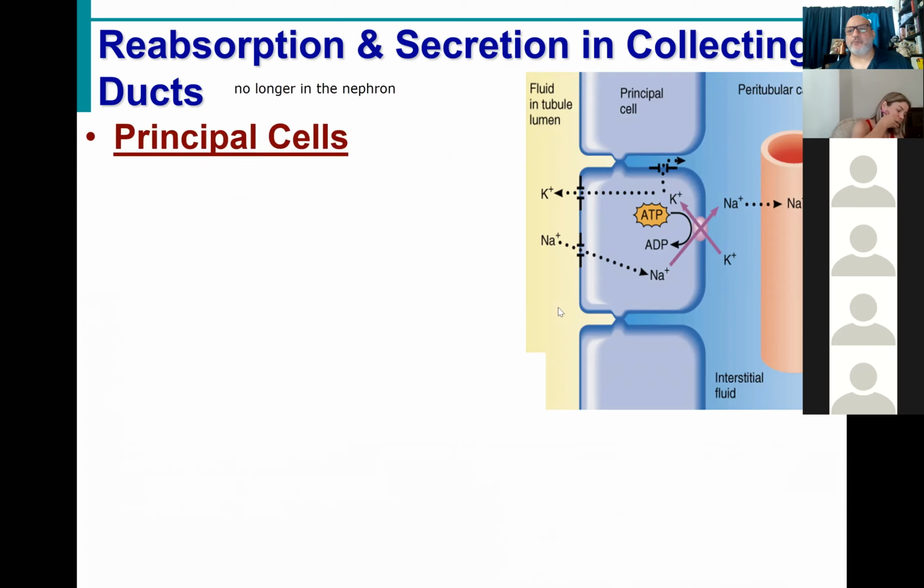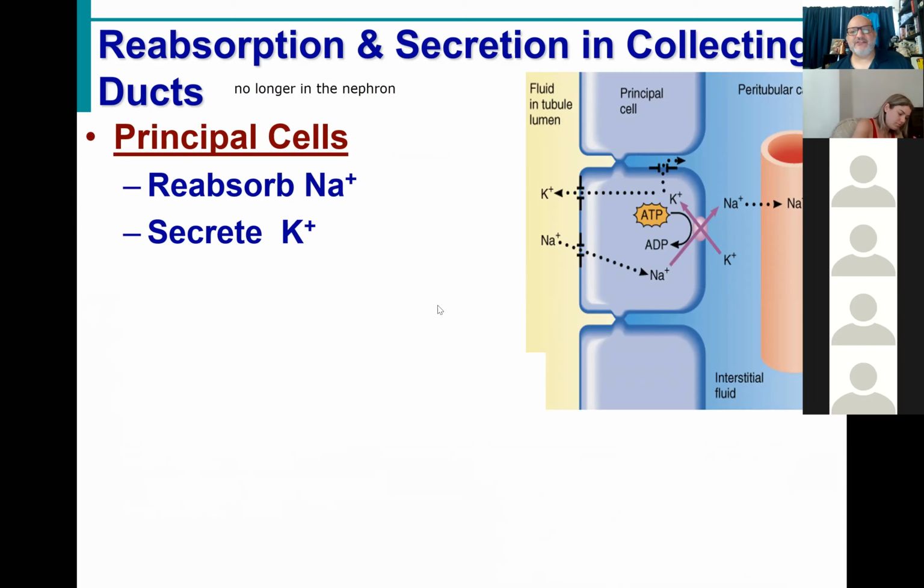The first are the principal cells, and that's what we see an example of here. Principal cells play an important role in both the reabsorption of sodium and the secretion of potassium. So again, playing a very vital role in maintaining the ionic concentration of our interstitial fluid.